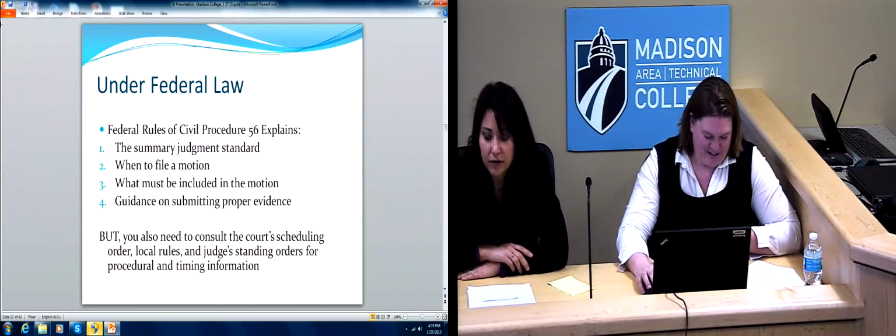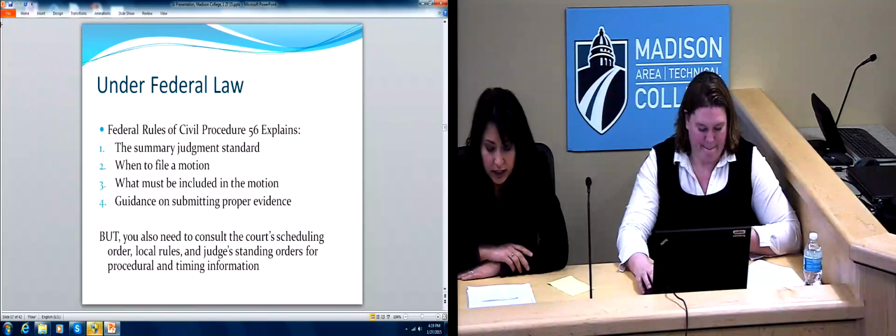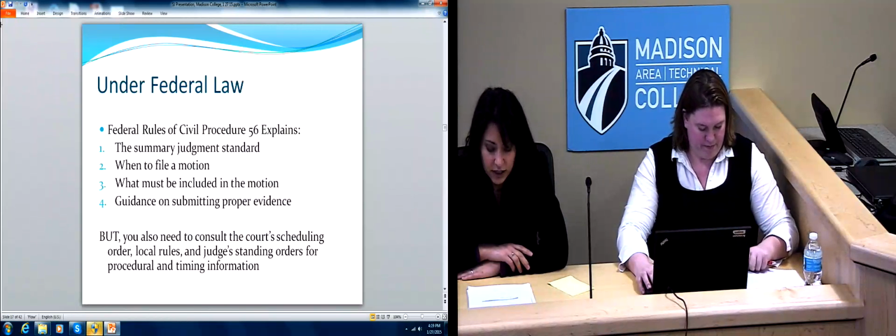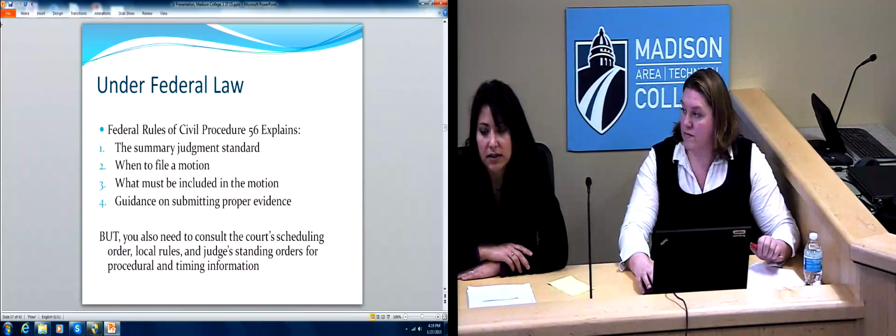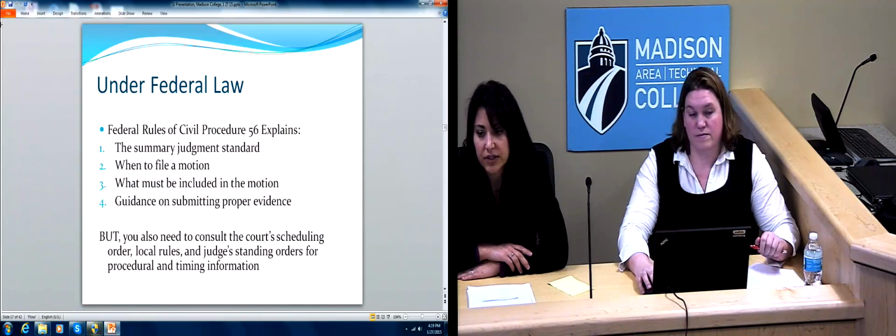Under federal law, the Federal Rules of Civil Procedure tell you what the summary judgment standard is. They tell you when to file a motion, what must be included in the motion, and they give you guidance on submitting proper evidence. Again, that stuff is critical to review, those basic rules.